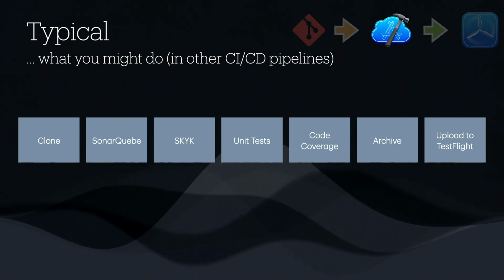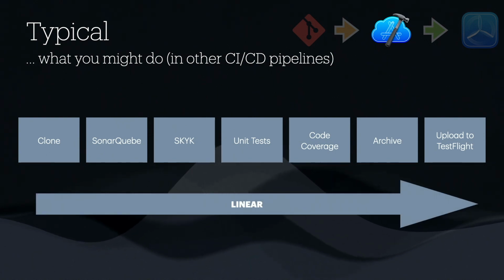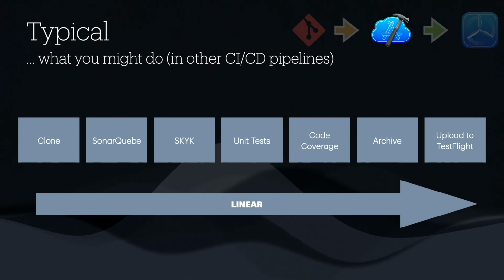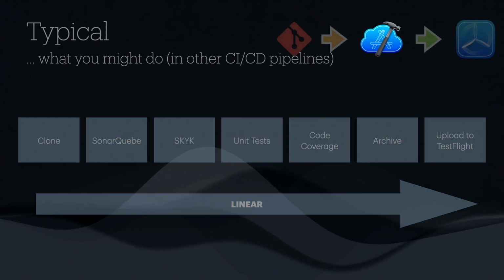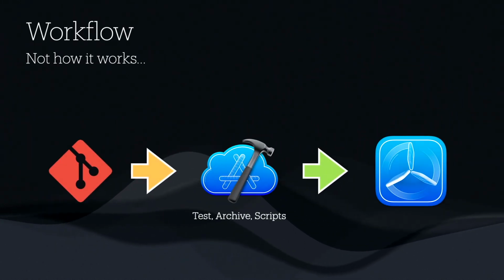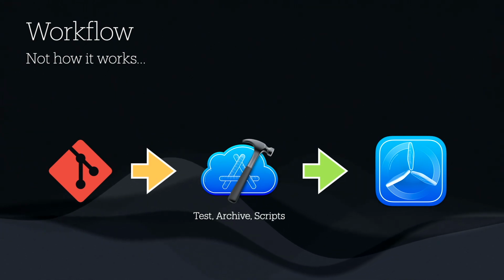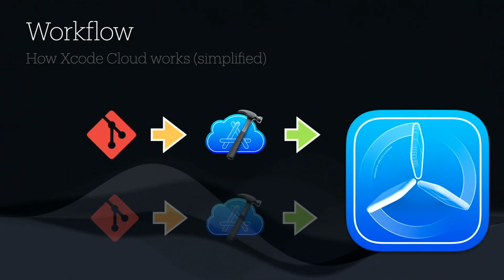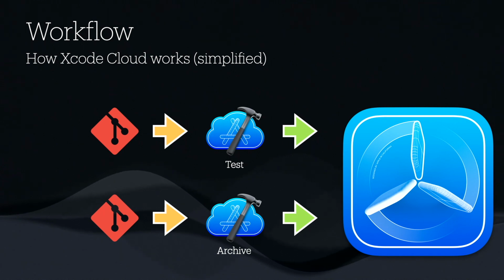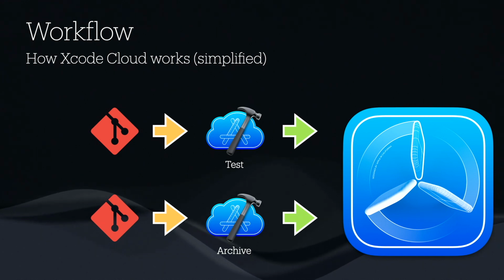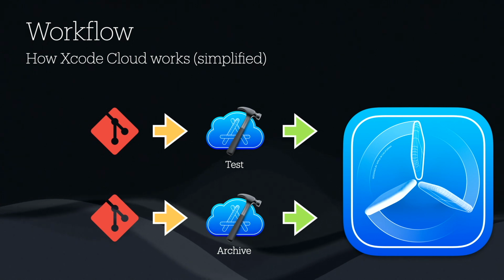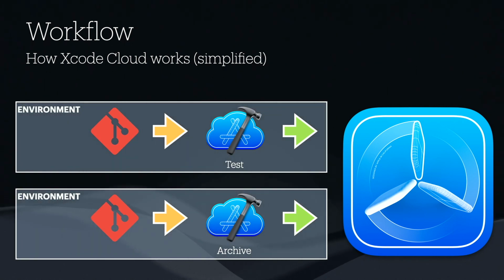That's a very linear sort of flow, right? Xcode Cloud doesn't really encourage this. They encourage a bit differently. So they parallelize, if that's the right word, that half of it. And then after everything on the left is done, it runs the post actions, which also means they run on a separate machine because these run in their own environment.